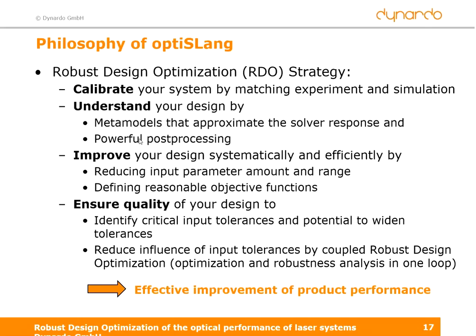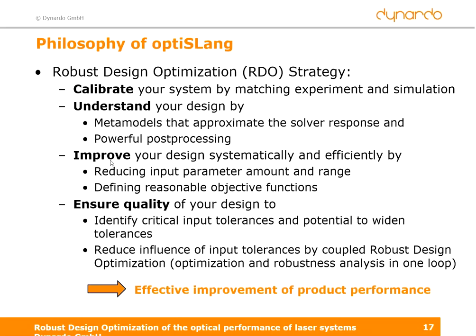To show you a little bit more in detail what this strategy of robust design optimization means, you might start as a first step with the calibration of your system by matching experiment and simulation. After this, you can understand your design by using metamodels to approximate the solver response, and also to use our post-processing, which is very powerful.